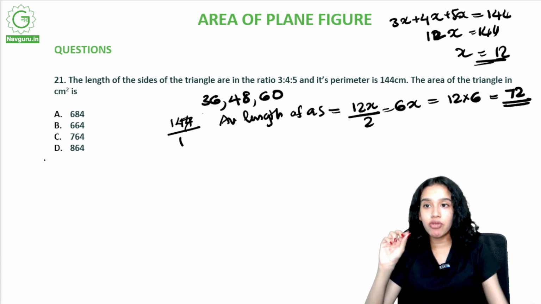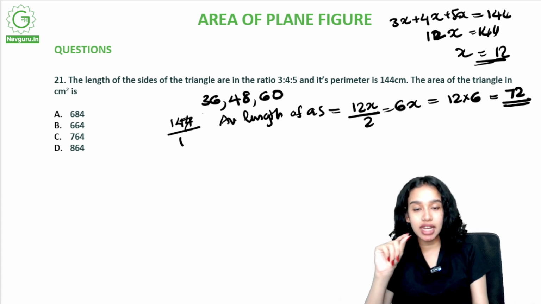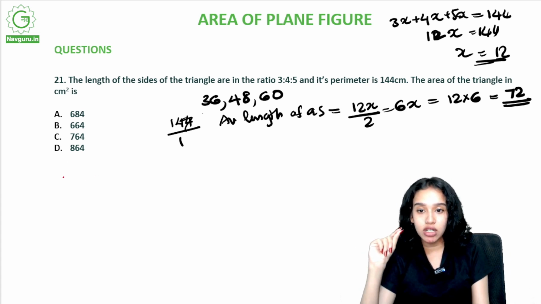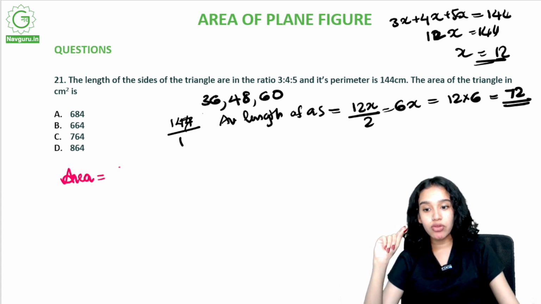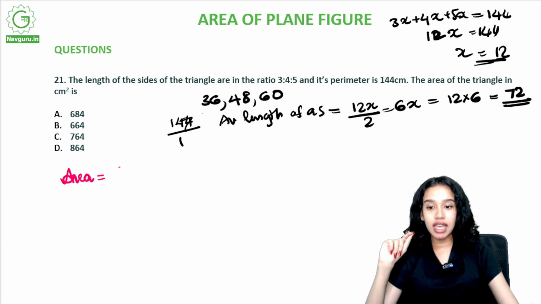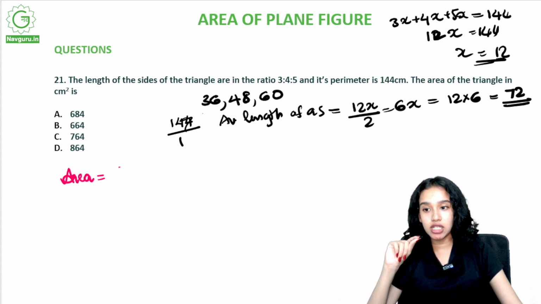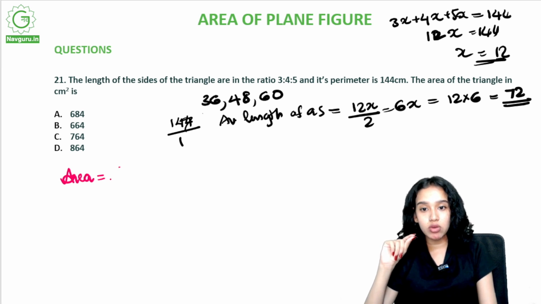Now we have a formula here to find the area of a triangle: area of a triangle is equal to root of s into (s minus a) into (s minus b) into (s minus c). So s into s minus a into s minus b into s minus c, the whole root.